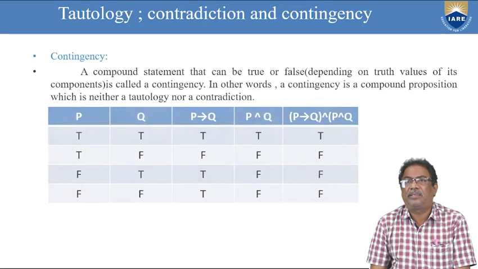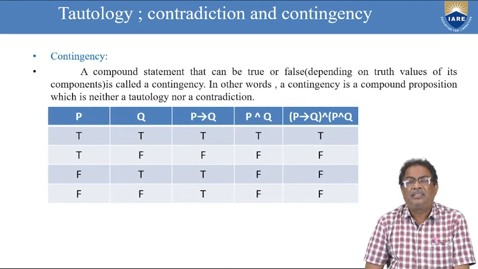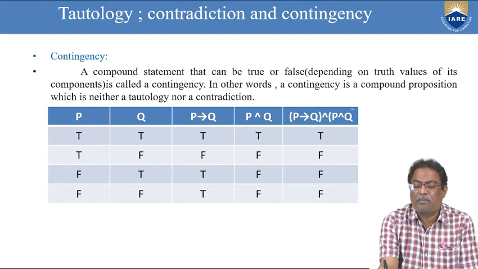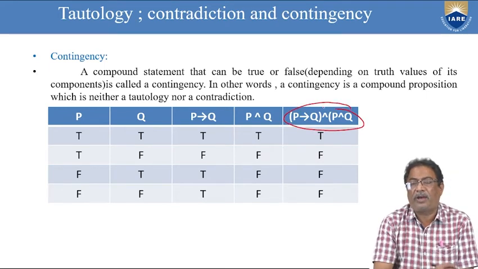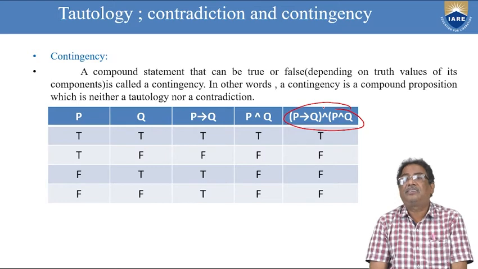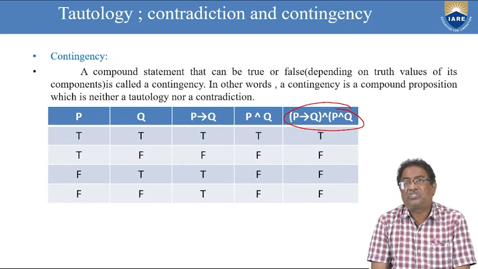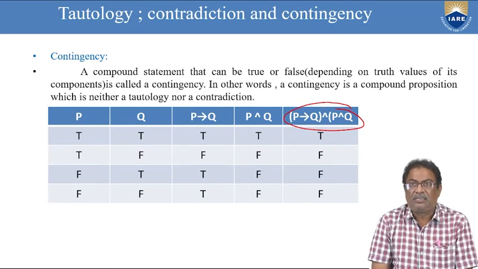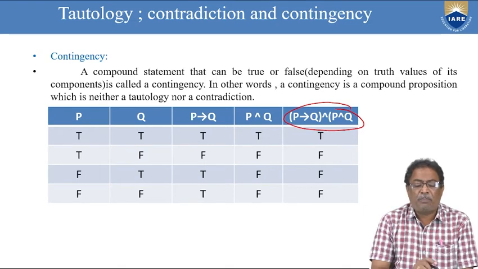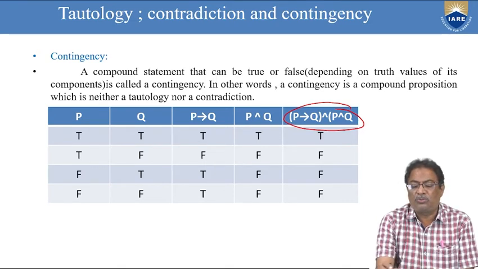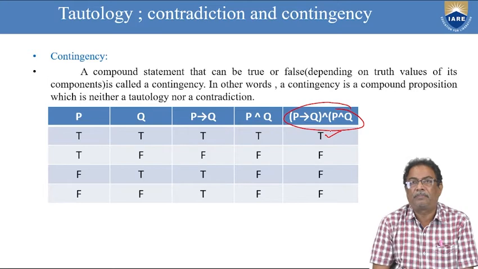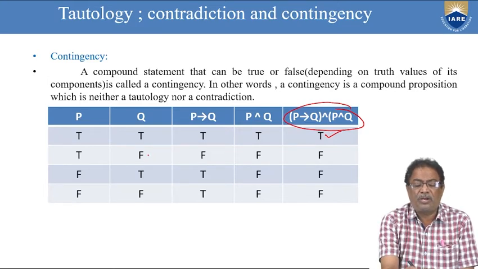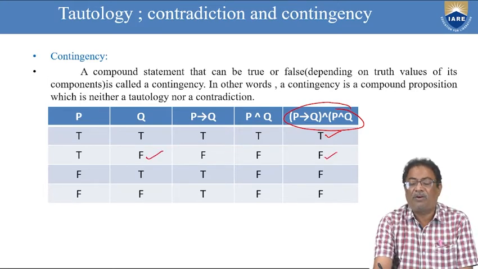Let us go for the other one. See here, this is the compound proposition. We are going to verify whether it is a tautology, contradiction, or contingency. Whenever P, Q are true, this will become true. Whenever P is true and this is false, then this will become false.